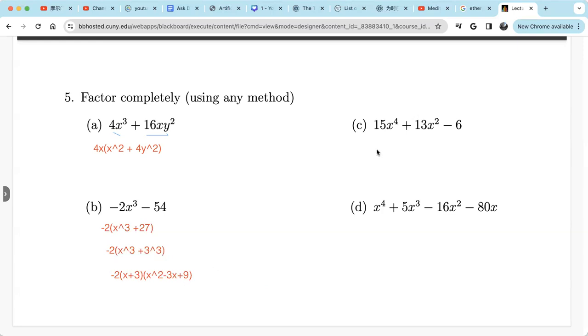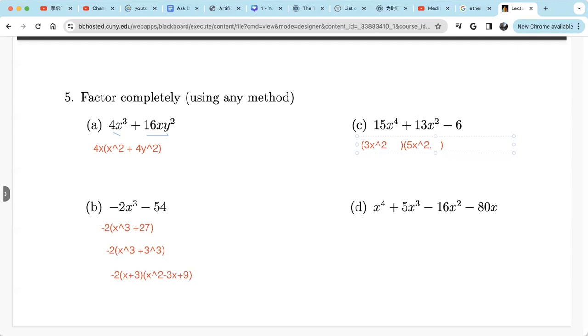Let's see C. How do we factor this? 15x to the 4th power can be factored as 3x squared and 5x squared, by trial and error. So what can we put inside the parentheses?